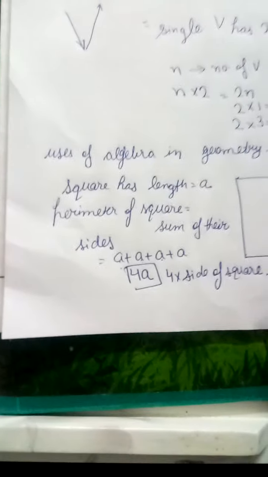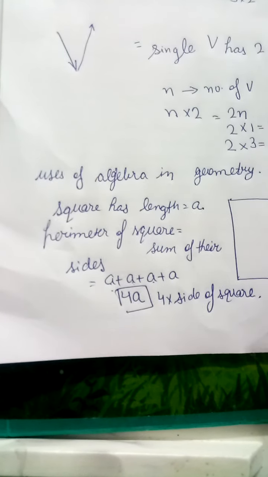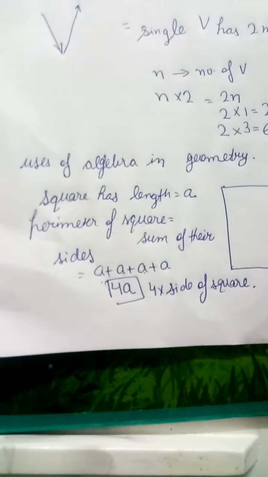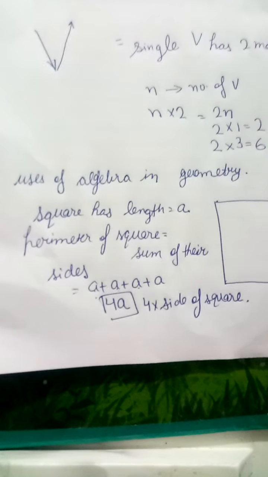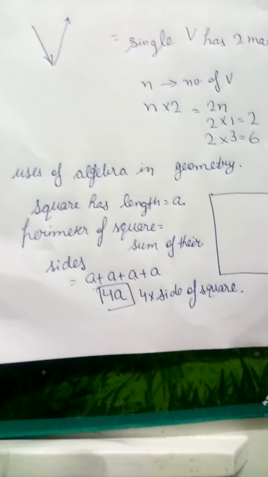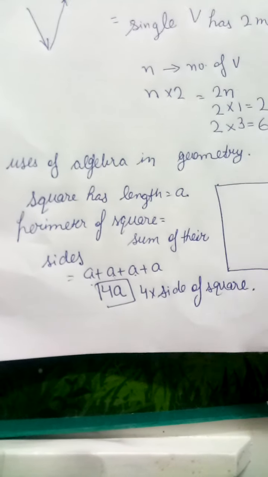With the help of algebra, we find the origin of the perimeter of a square. Similarly, we find the origin of the perimeter of a rectangle and of isosceles triangles.